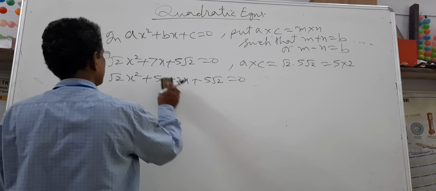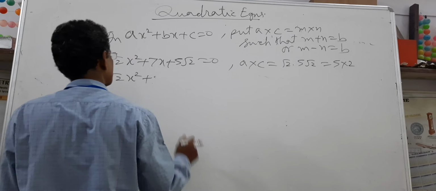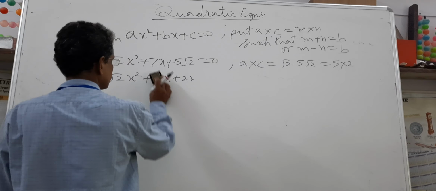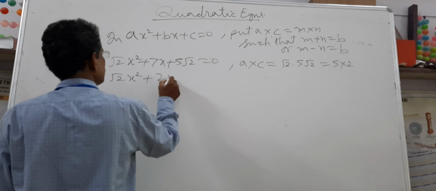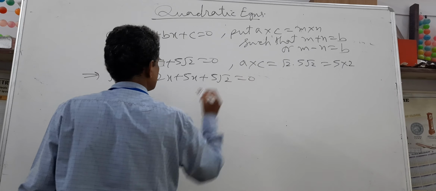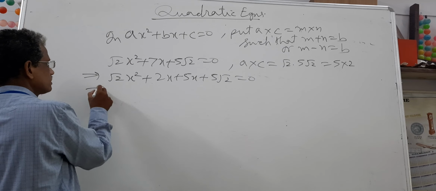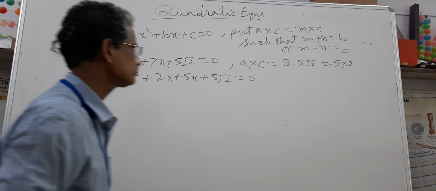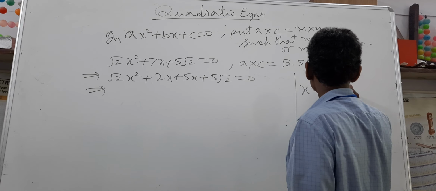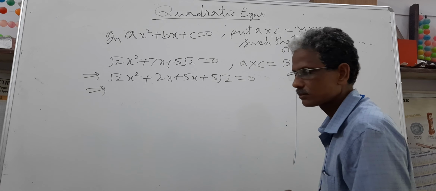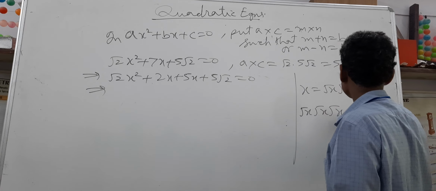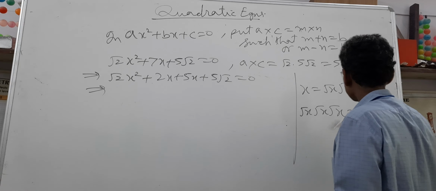You can also write this as root 2 x square plus 5x plus 2x plus 5 root 2 equal to 0. You must know that x can be written as root 2 into x, and 2x means x root 2 into root 2.